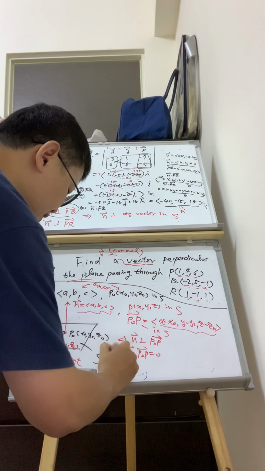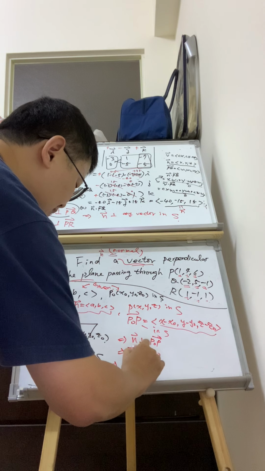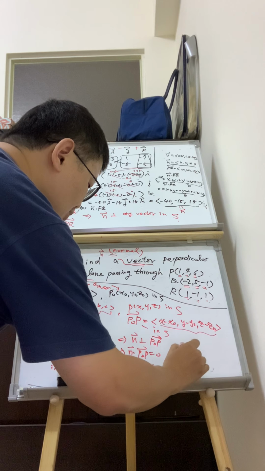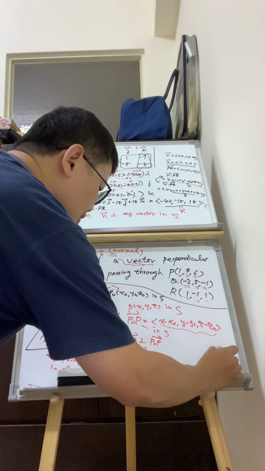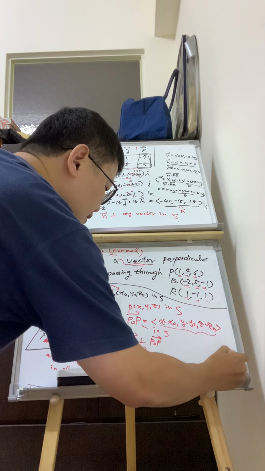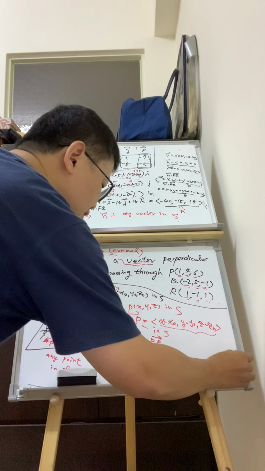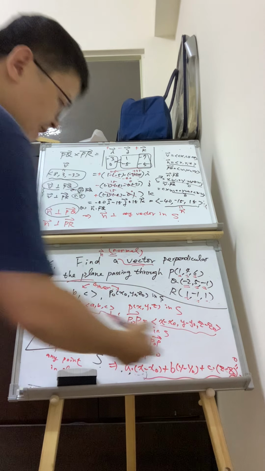So we could write: A times (X minus X0) plus B times (Y minus Y0) plus C times (Z minus Z0) equals 0. So the point X, Y, Z satisfies this equation.